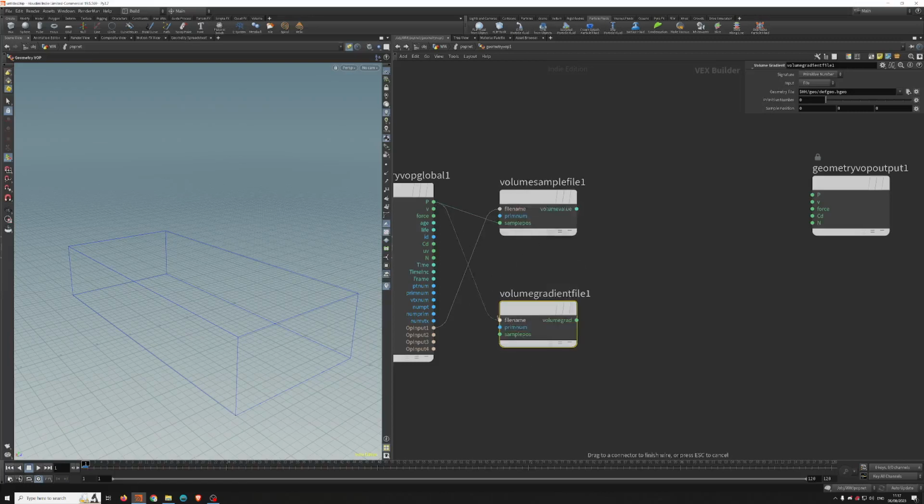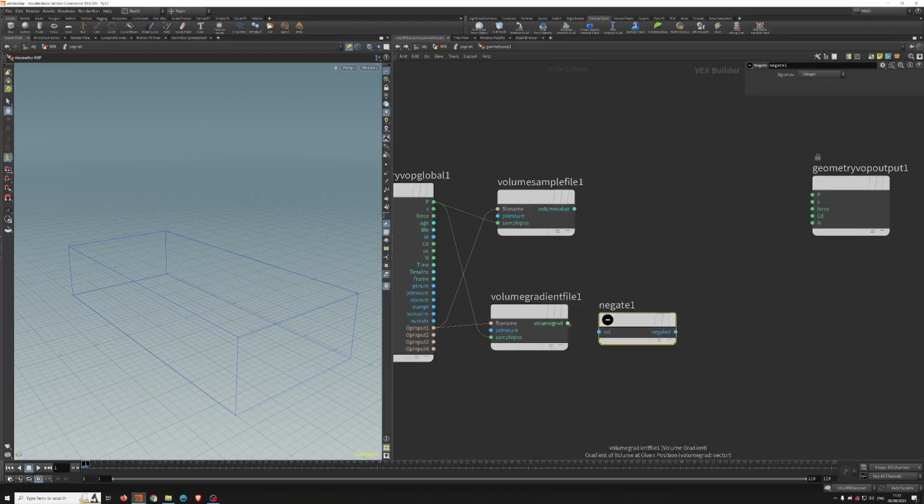Same deal, we feed the sample position and the file name from the same gradient surface. The surface gives us the gradient. The gradient file is always negated because it comes in the wrong direction, so always use the negate to negate the volume.